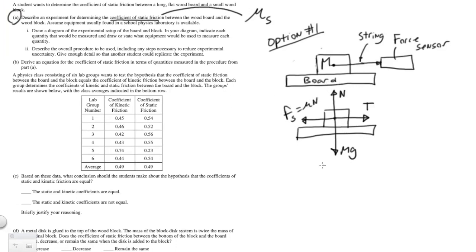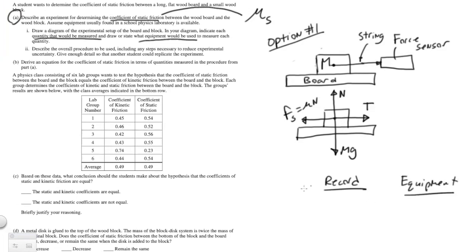Okay, so now we're going to talk about what we want to record and then the equipment to use. So we want the quantity that would be measured and what equipment would be used. So we'll do record and then the equipment.